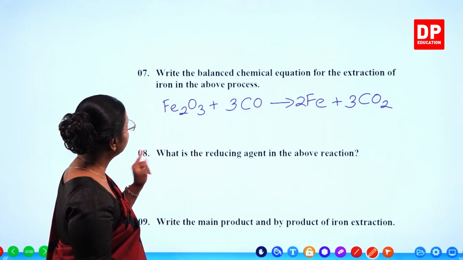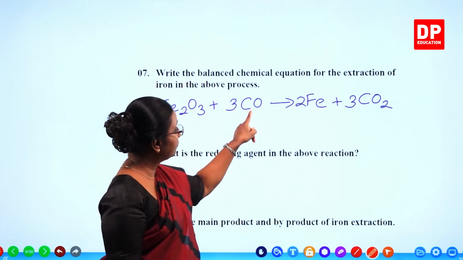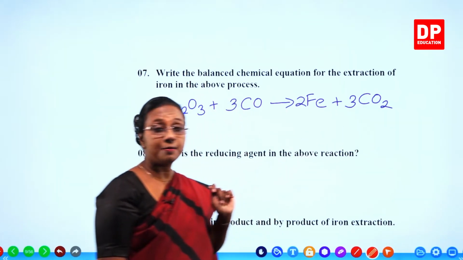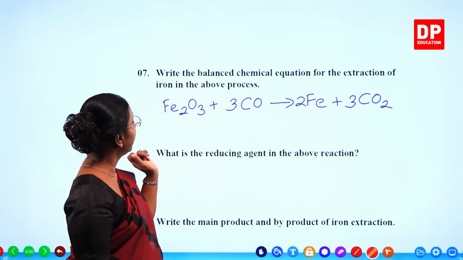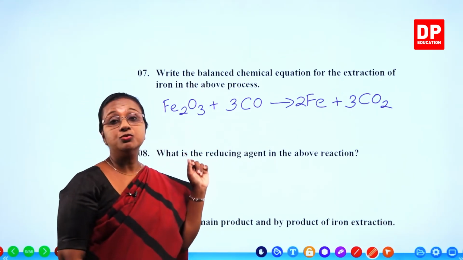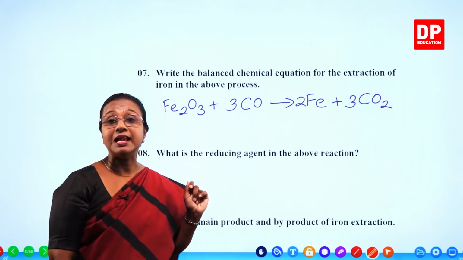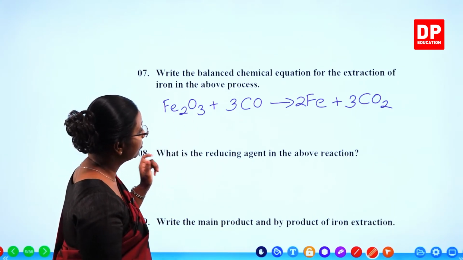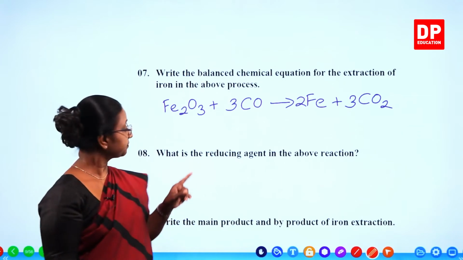So Fe2O3, since there are 3 oxygens, to remove those 3 oxygens, we need 3 carbon monoxide, and that releases 3 carbon dioxide molecules, and because there is 2 Fe there will be 2 Fe atoms there. So that is the balanced chemical equation. Fe2O3 plus 3CO gives rise to 2 Fe plus 3 CO2.